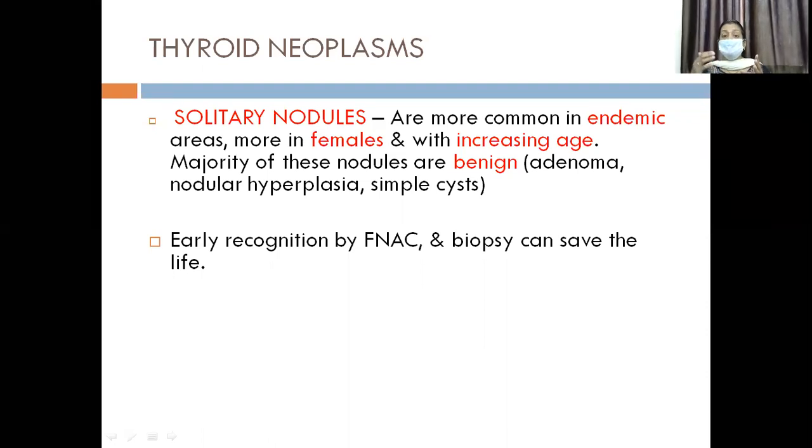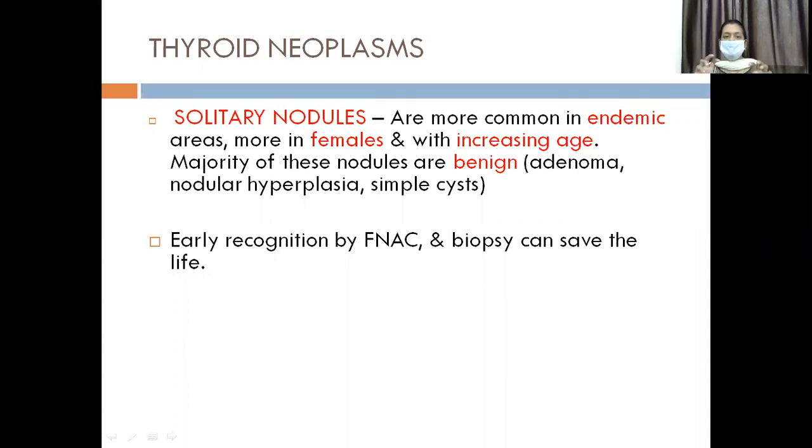You see degenerative changes and multiple nodules, and these degenerative changes are cystic change, necrosis, hemorrhage, calcification. What you see in the microscopy are a representation of these gross features, that is the cystic.